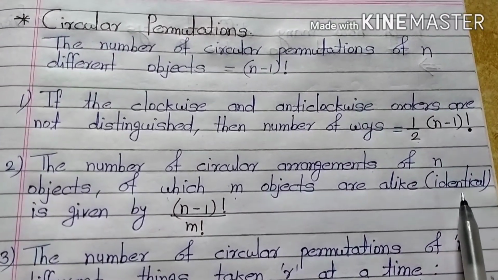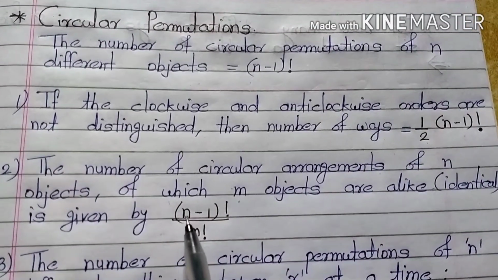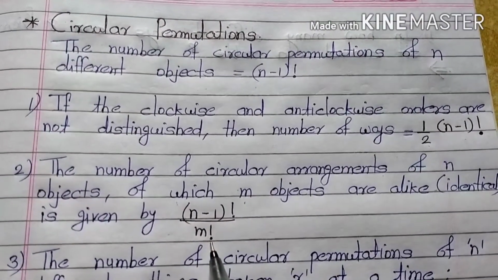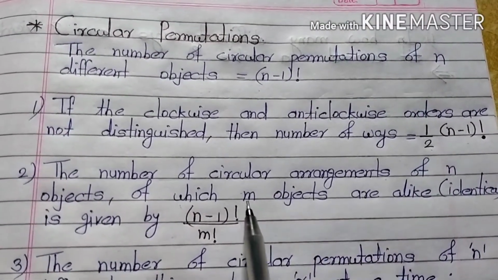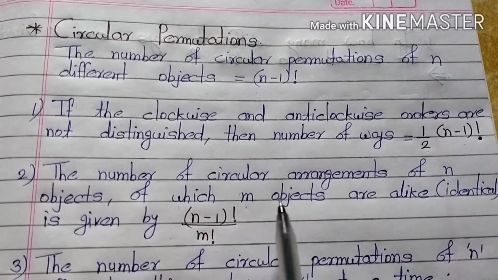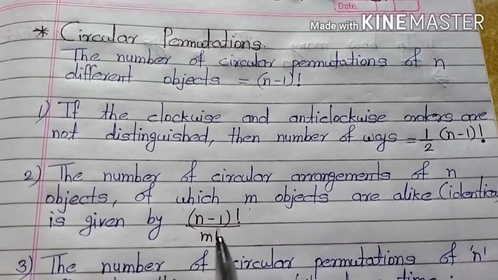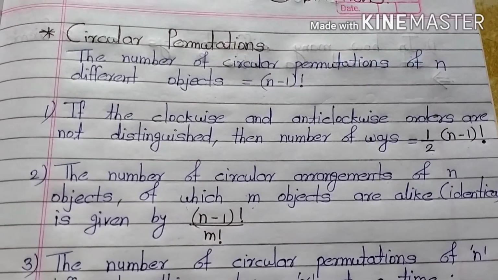Alike means identical. Then it is given by (n minus 1) factorial upon m factorial. It means if m objects are identical, then (n minus 1) factorial upon the factorial of the identical objects.